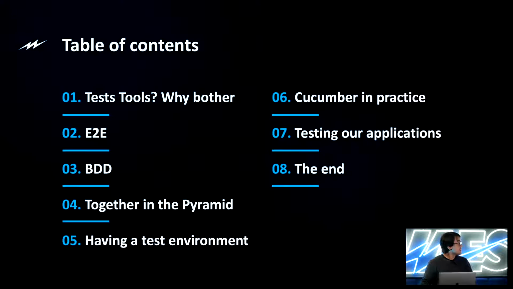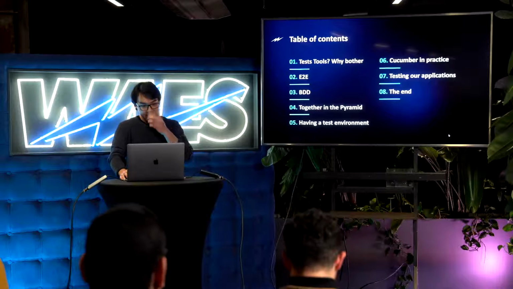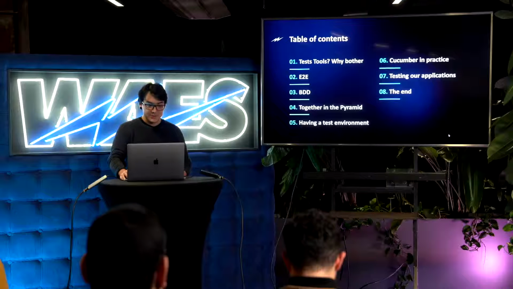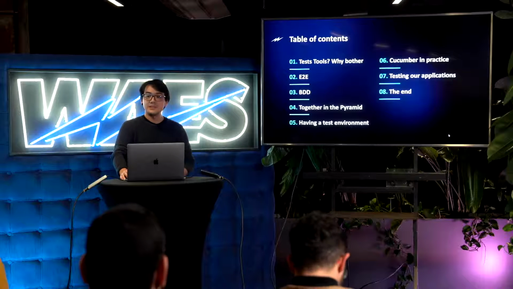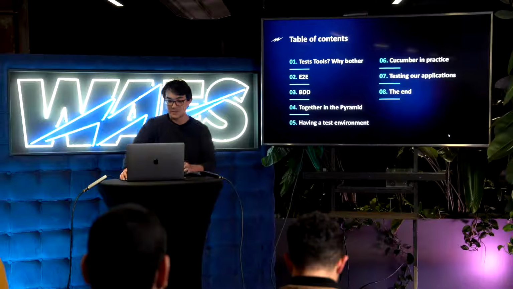Then in item 6, I'm going to show you a bit how to use Cucumber in practice with a little bit of code in item 7. So we are going to run actual tests on an application that's running on my computer. And then we are done. So by item 8, I hope you have some idea of how to use Cucumber and about how to set up your test environment.